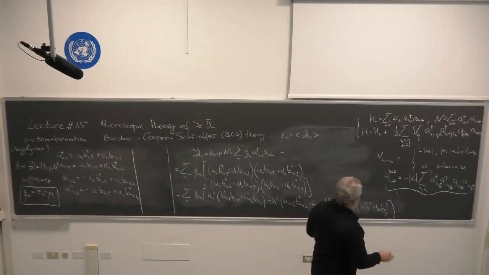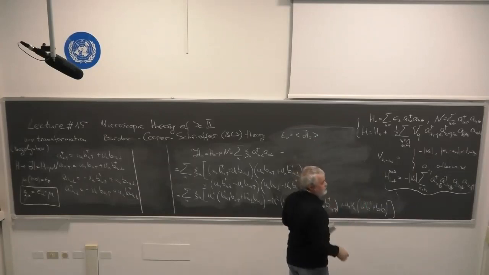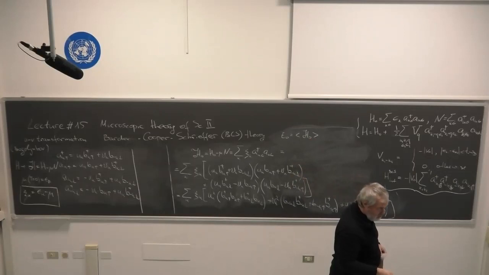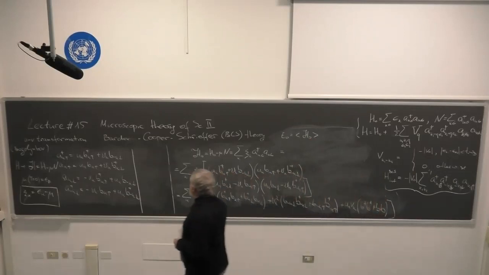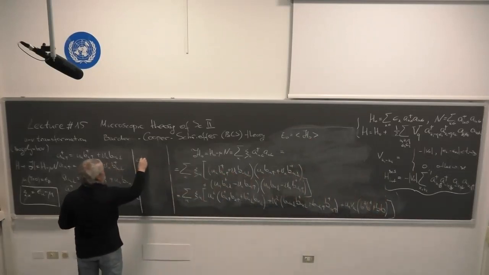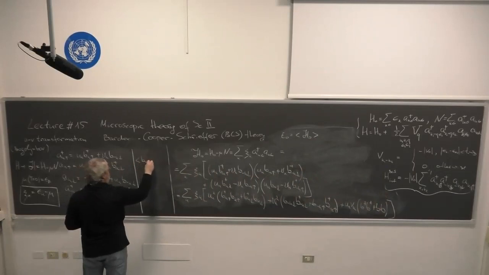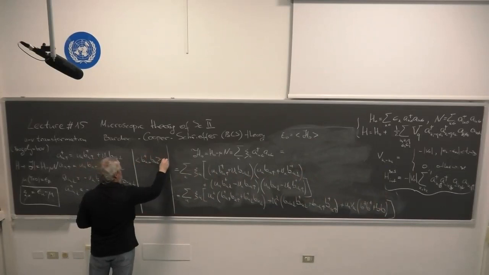For simplicity, let's assume that this averaging means averaging with respect to the ground state. In the averaging of the operators B_k sigma dagger B_k sigma, I get n_k sigma.